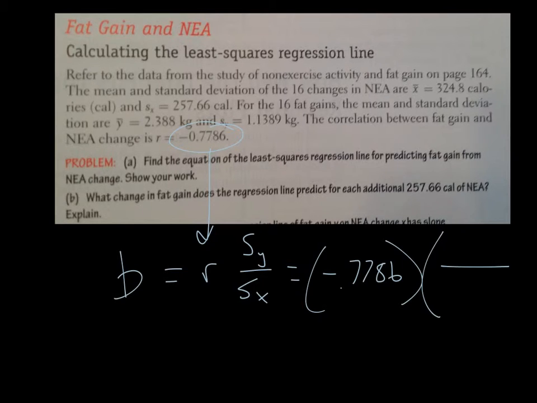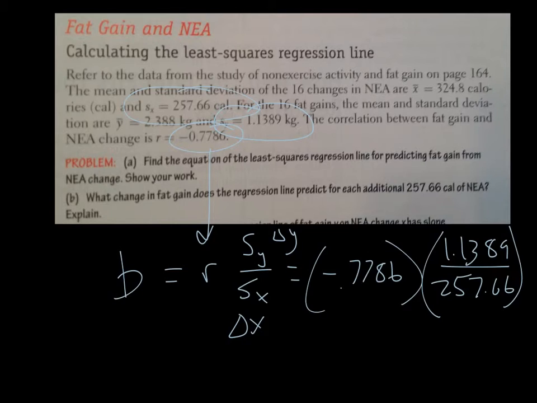The standard deviation for Y goes on top. You can think of this as rise over run, or the change in Y over the change in X. It's kind of like that. So we've got standard deviation of Y is right here, 1.1389. And we're going to divide that by standard deviation of X, the 257.66.